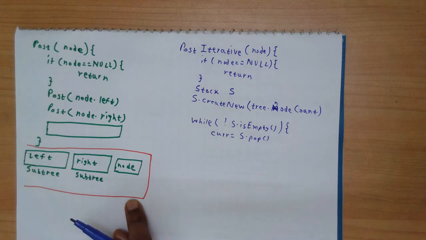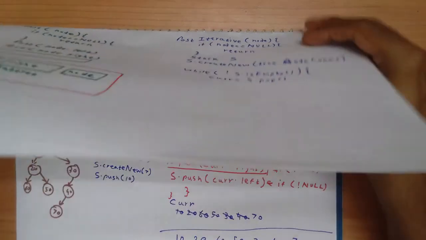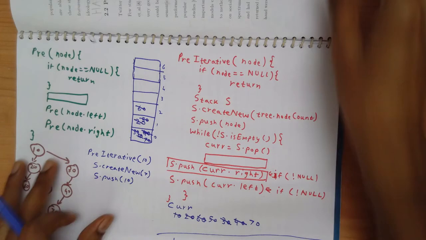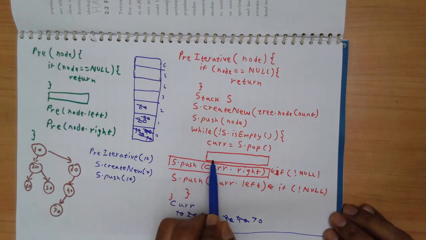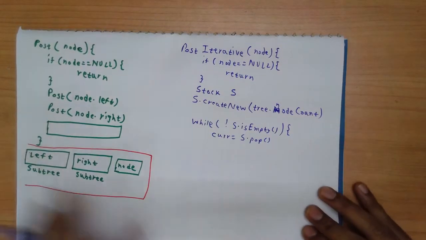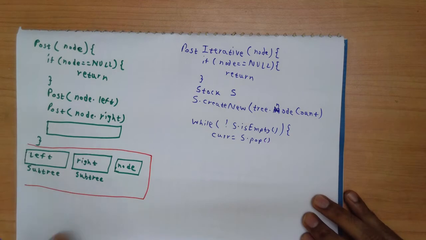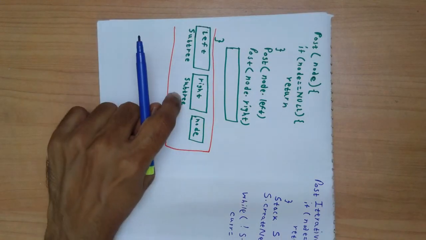The moment I encounter a node, remember what we did in the case of iterative pre-order traversal: whenever we encountered the node, we directly added it to the output. But now we are going to add it to a stack, which will store the node, above it the right subtree, and above that the left subtree.